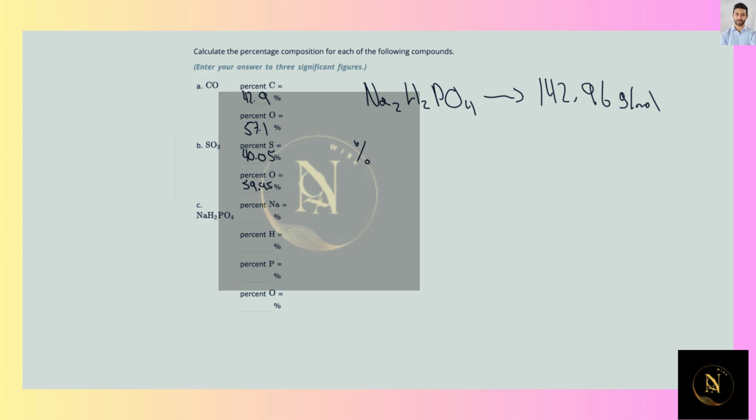The percent of sodium is going to be equal to 2 times the atomic mass for sodium, which is equal to 22.99 grams per mole, divided by the total molecular weight, 142.96 grams per mole, and all of this times 100. This is going to give us, for sodium, 32.16%.